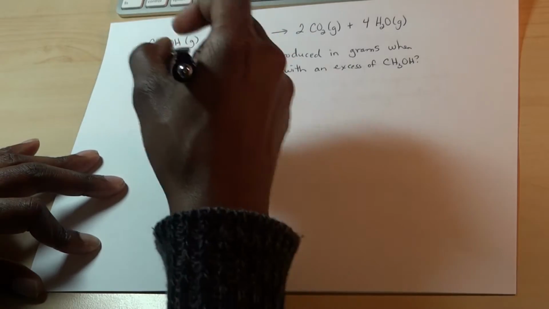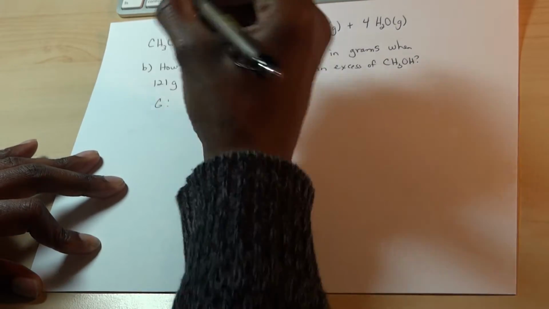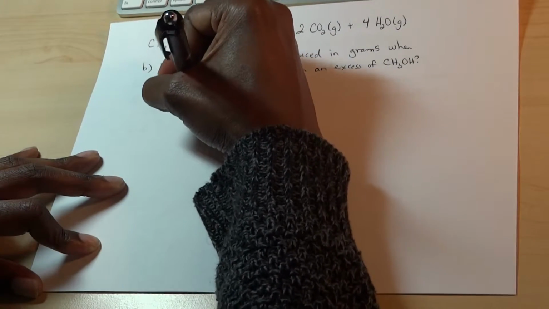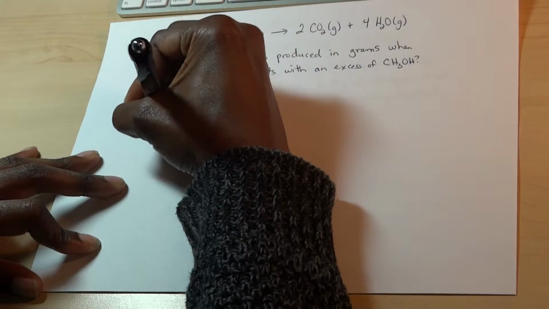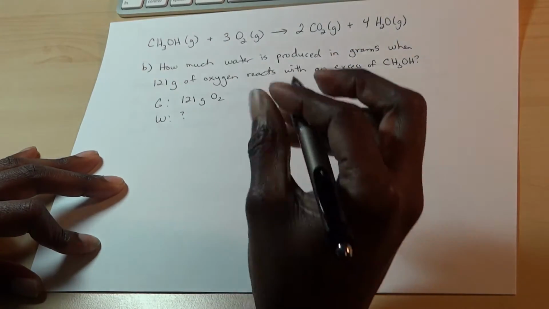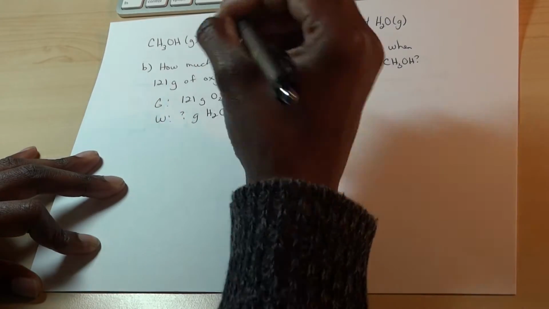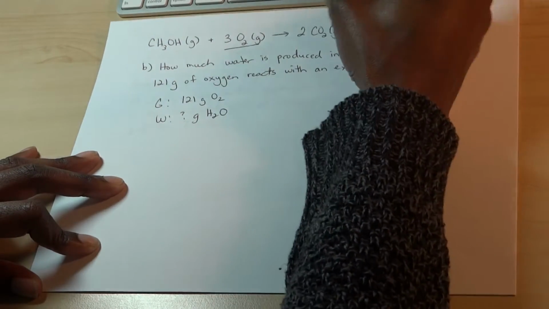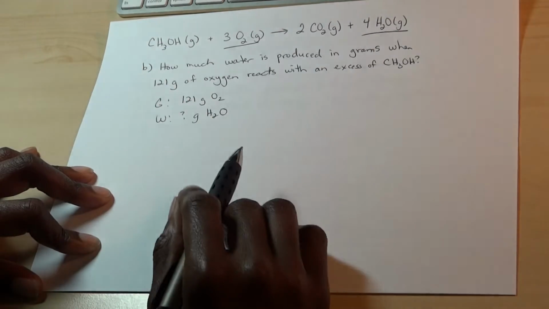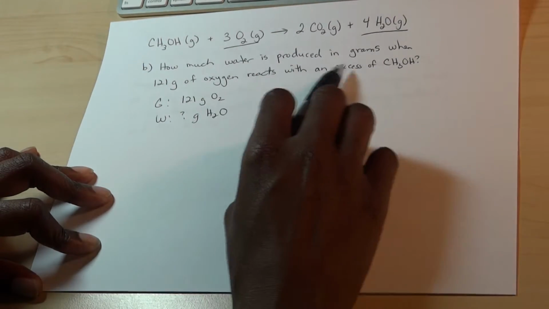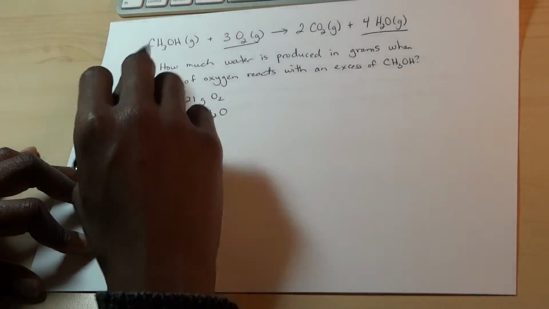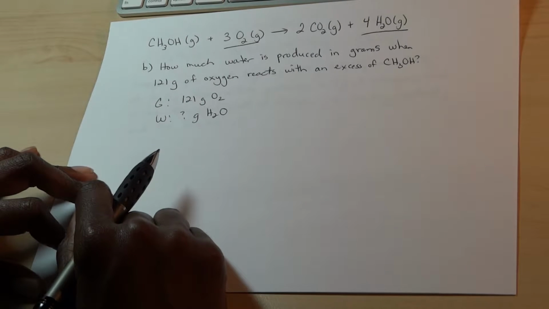So this time our given is 121 grams of oxygen, and our wanted is grams of water. So we're looking at oxygen and water, and we don't care about methanol and carbon dioxide. In fact, it's telling us we have an excess of methanol, so we don't have to worry about it. That means we have plenty of it.